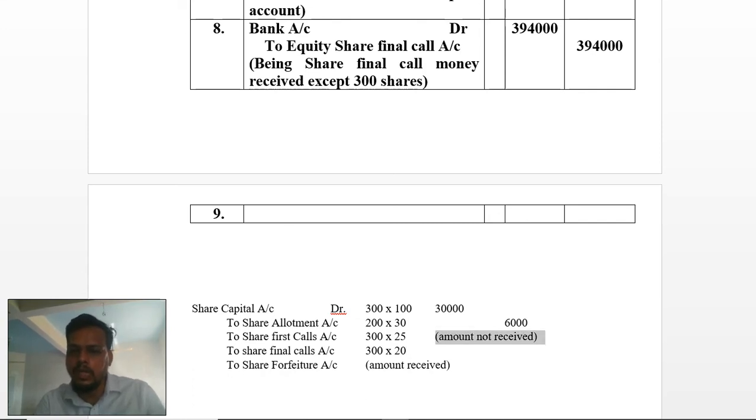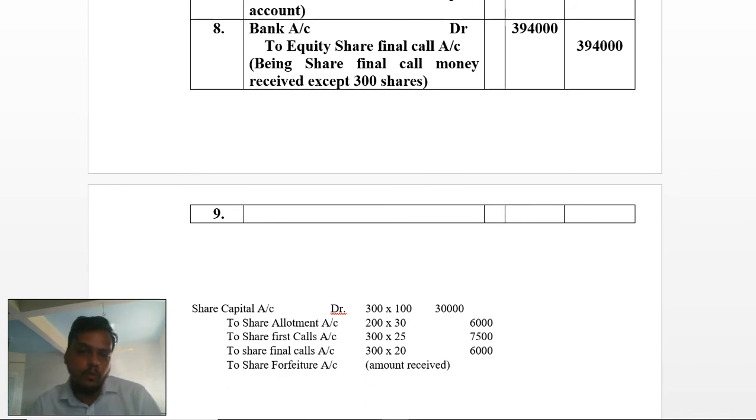These amounts are not received by us. So the amount will be 7,500 and 6,000. These amounts are not received.